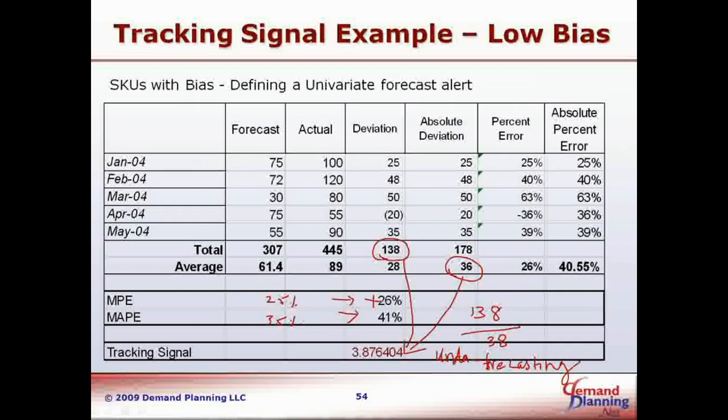Okay. Here is the question for you. I told you that an under forecasting alert could be set up by using an MPE threshold of 26% and a MAPE threshold of 41%. Now, I would like to ask you, how would you set up an over forecasting bias alert?